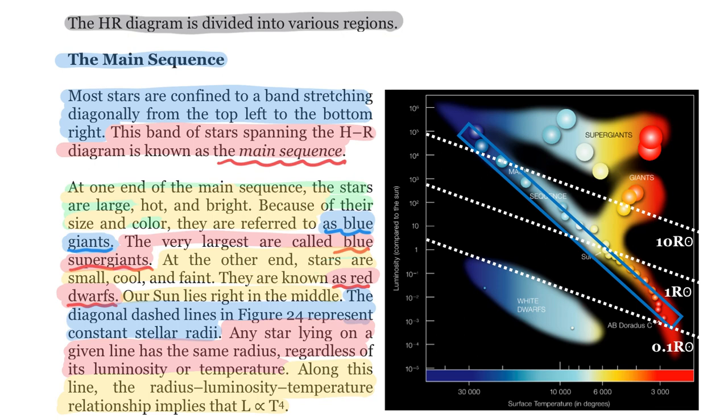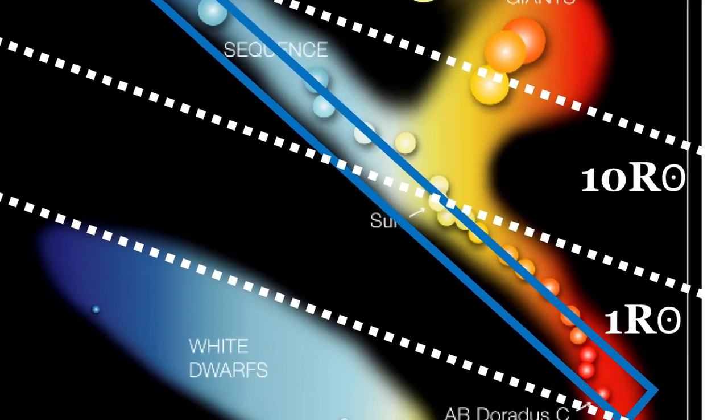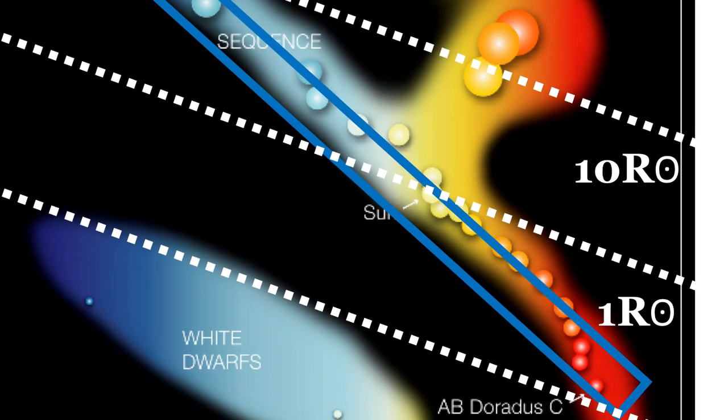So any star lying on a given line has the same radius. If we look along these lines here, all these stars will have the same radius. So in the sun's radius, there's our sun, all these stars that we find will be the same physical size as the sun.